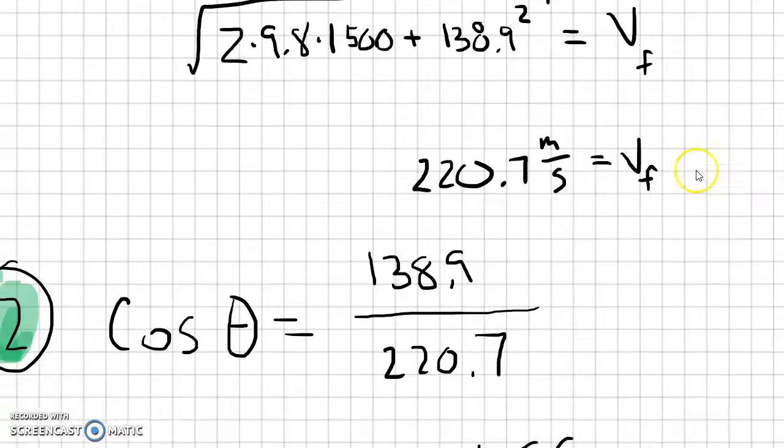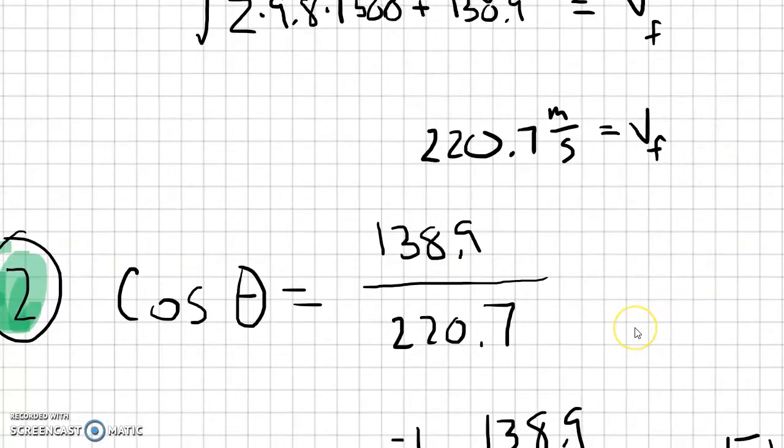Now, the next part was to find the angle. Keep in mind this is an angle below the horizon. If you remember, our velocity looked something like this. This was our velocity, and we have an x component. Oh, sorry, that's the y component. So this is our vx, and this is our vy.